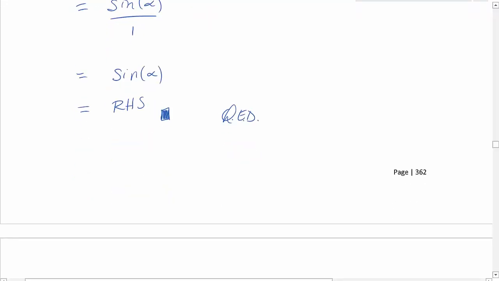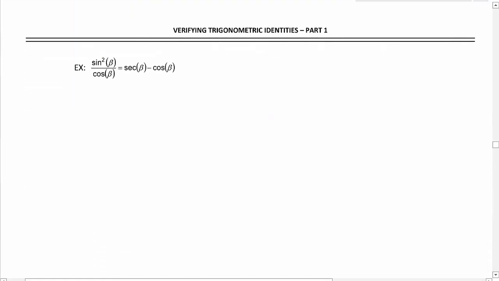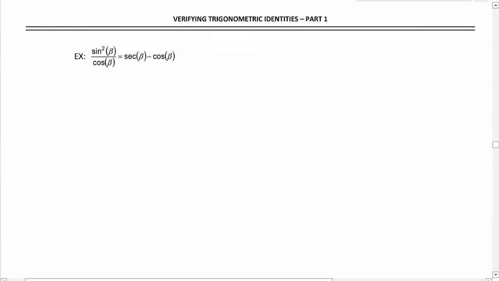All right, let's try a few more. We want to verify that sine squared beta divided by cosine of beta is equal to secant of beta minus cosine of beta. So I think about what's happening algebraically. I have a fraction on the left side, but not a fraction on the right side, so that means something has to cancel.